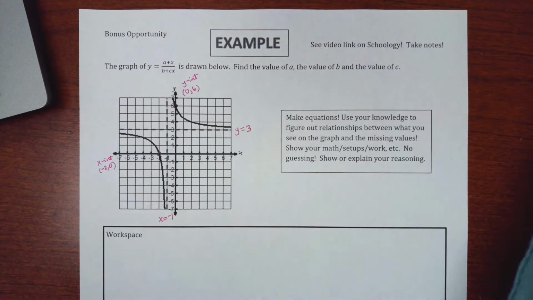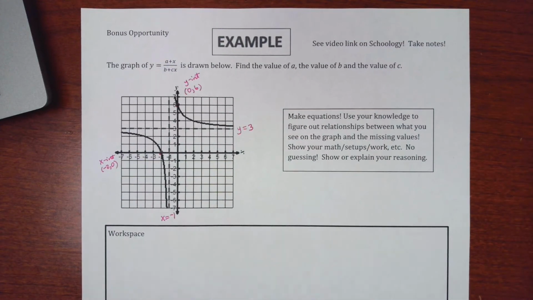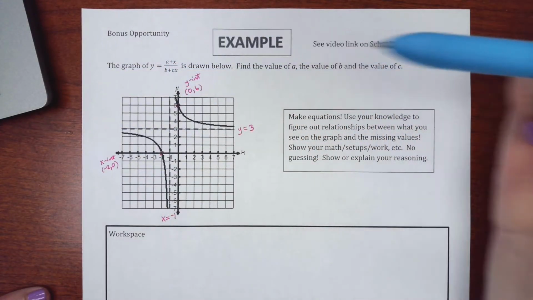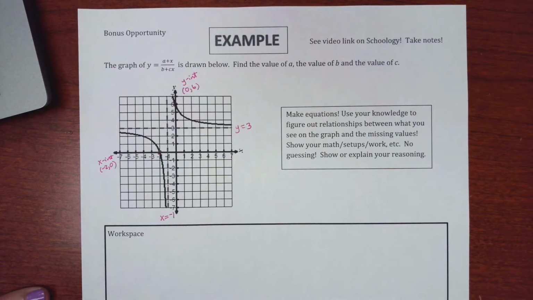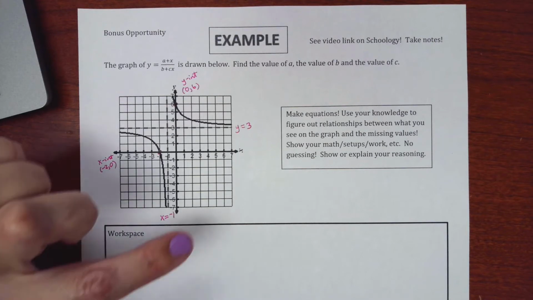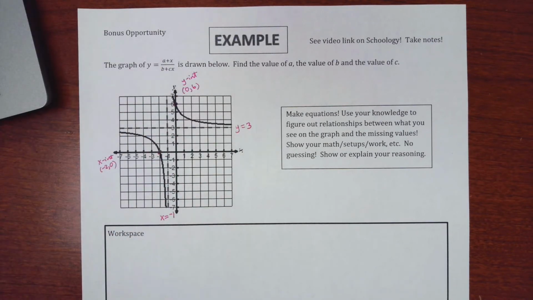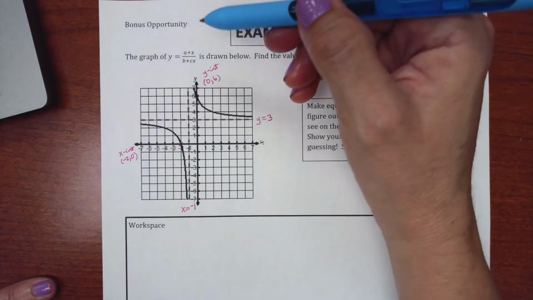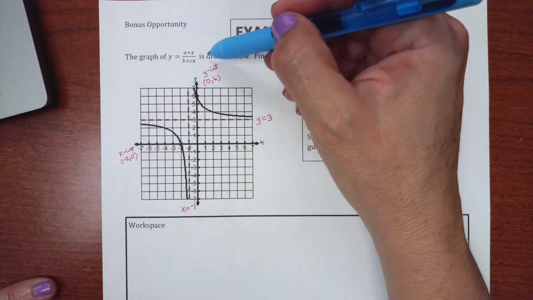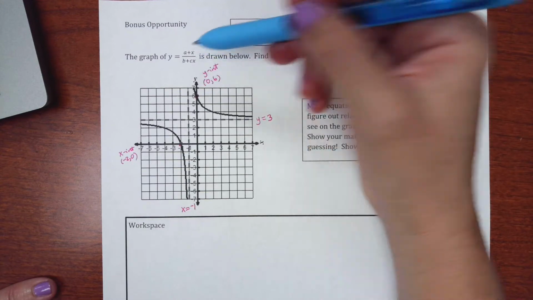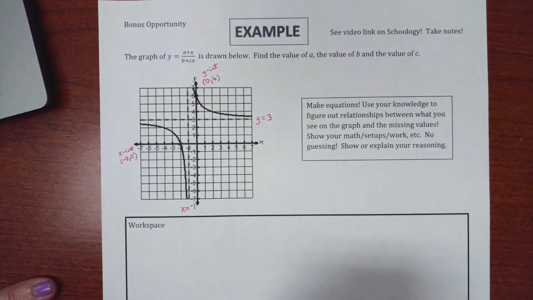Now, the next thing is going to be to use what you know about a fraction problem or a rational function to put this information in your problem. So one thing that you know is that a fraction will equal 0 whenever the numerator is equal to 0, right?